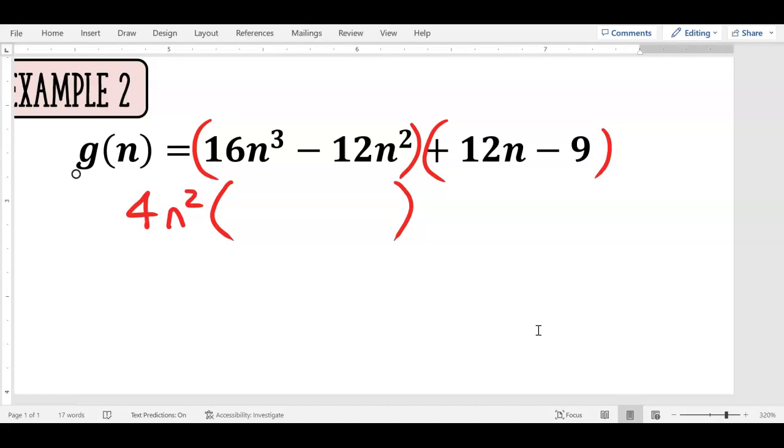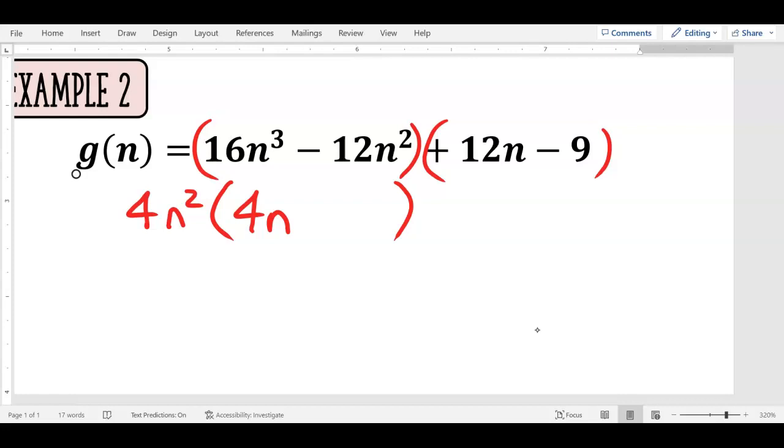So let's do some dividing. What's 16 divided by 4? 4. And then we had n cubed divided by n squared. So 3 take away 2 gives me 1, so we have 1n, so I'm going to write n. Now, let's do the other one.